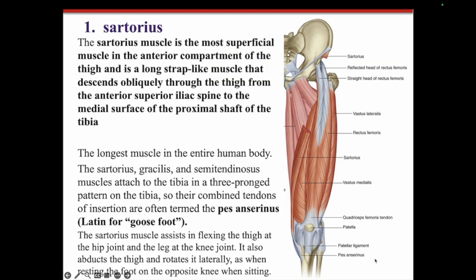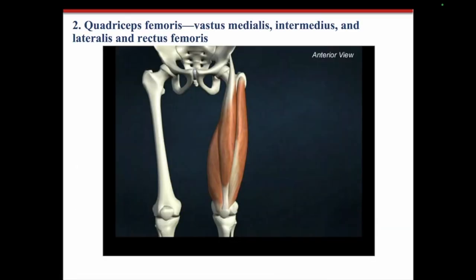The sartorius is an interesting muscle, superficial, in the anterior compartment, a long strap-like muscle. It goes all the way from the anterior superior iliac spine to the tibia, and it assists in flexing the thigh at the hip joint and the leg at the knee joint.